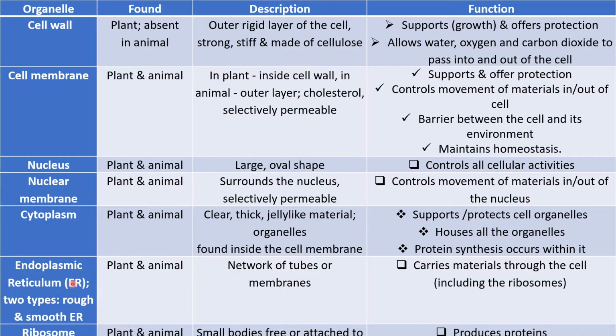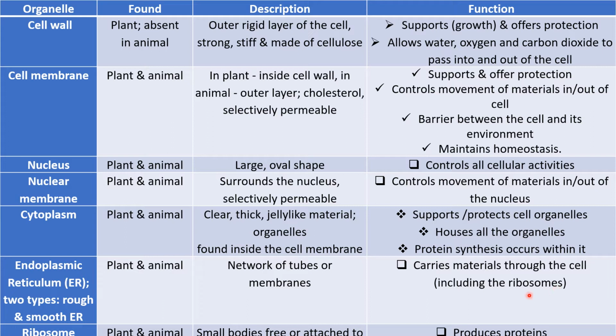Endoplasmic reticulum, there are two types. We have the rough and the smooth endoplasmic reticulum. It's found in both plants and animals. These are a network of tubes or membranes, and its function is to carry materials through the cell, including the ribosomes.